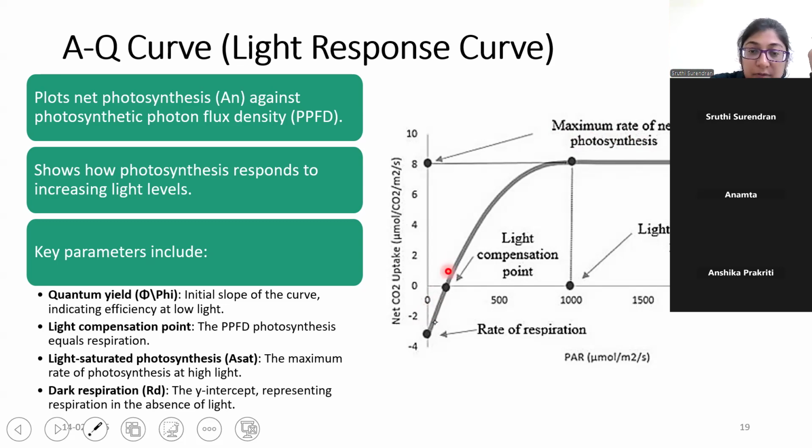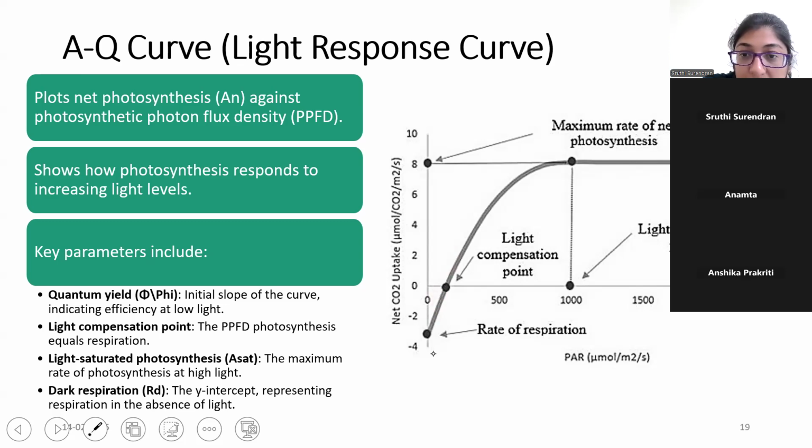So this part of the curve is giving us information about the rate of respiration, and not any respiration, but the dark respiration that is occurring. So that is one important piece of information that we are going to get from this AQ curve.